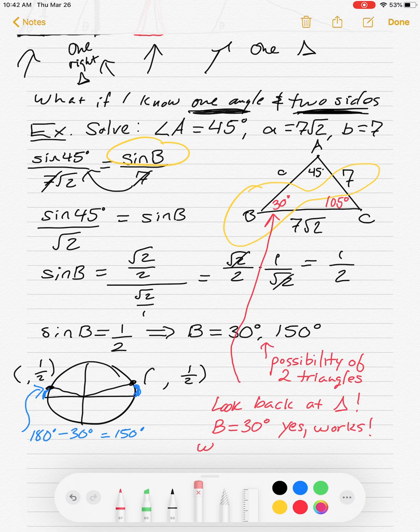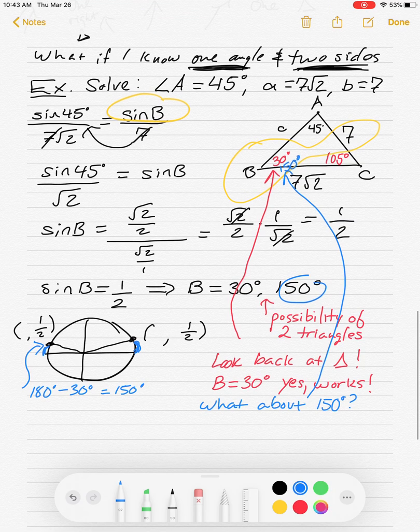But what about 150 degrees? So if I take that 150 degrees and go up here and say, well, what if I make this angle 150 degrees? Well, then, look, I'd have 150 degrees plus 45 degrees, looking for the angle C, right?